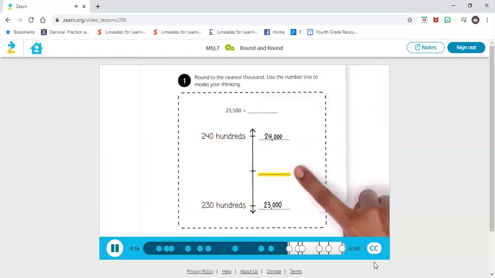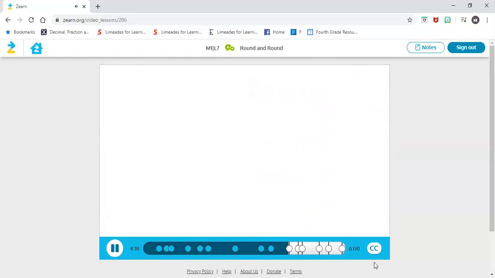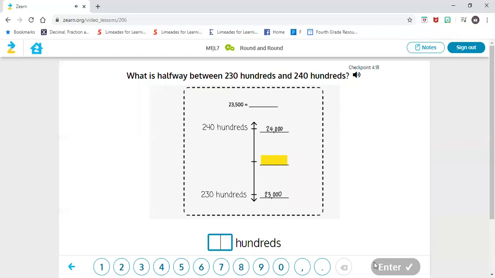Write that here. The midpoint, or the halfway point, is between 230 and 240. And so my midpoint would be, correct, 235 hundreds.